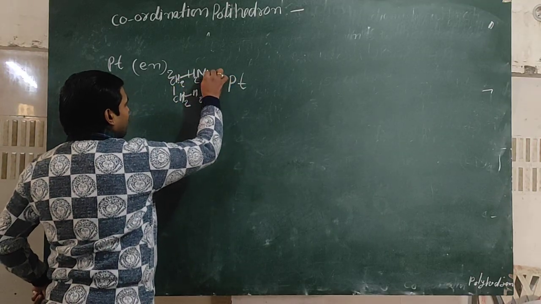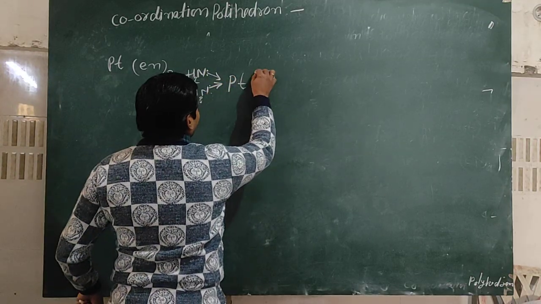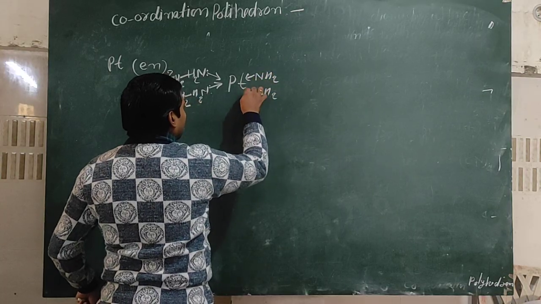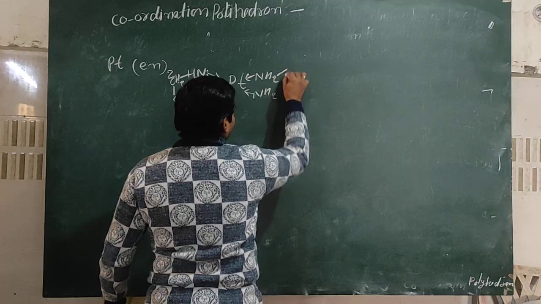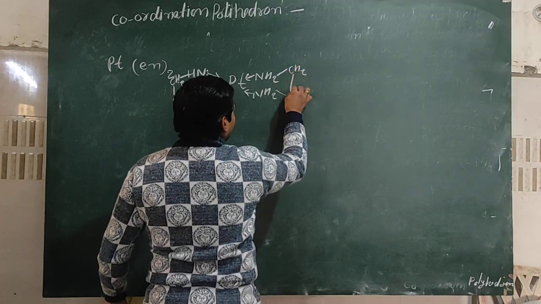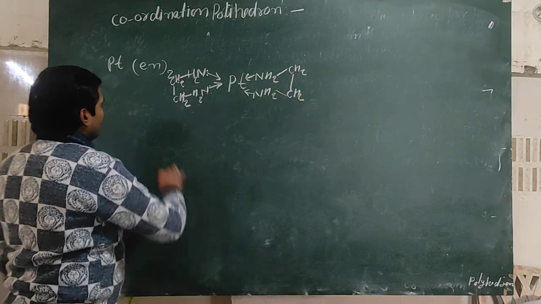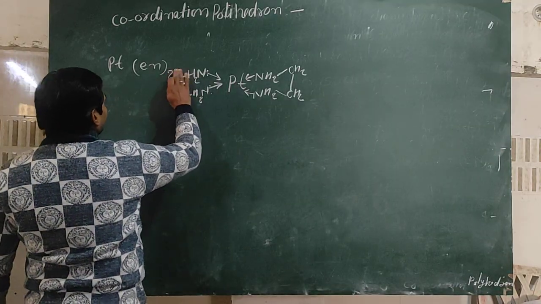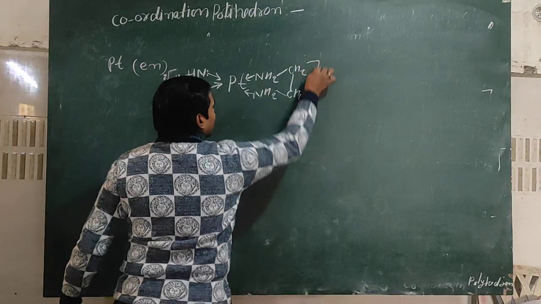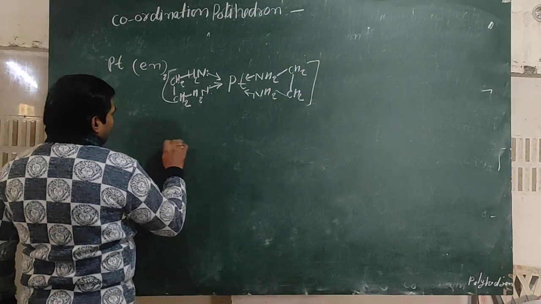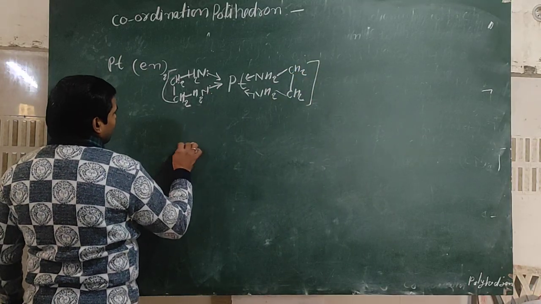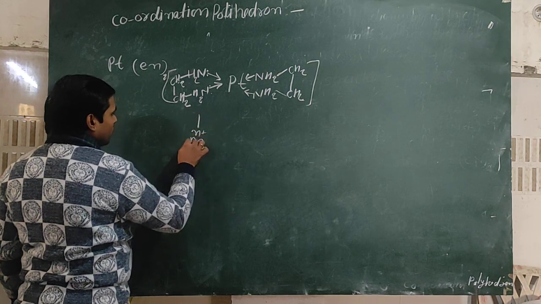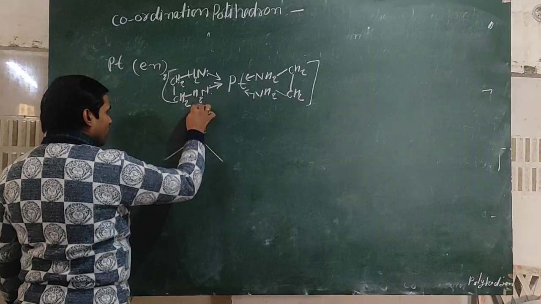It has 2 donor atoms, and NH2 donates its lone pair of electrons, and both are connected with the CH2 and CH2, then this structure is linear. Similarly, some compounds show trigonal structure in which 3 ligands are present.